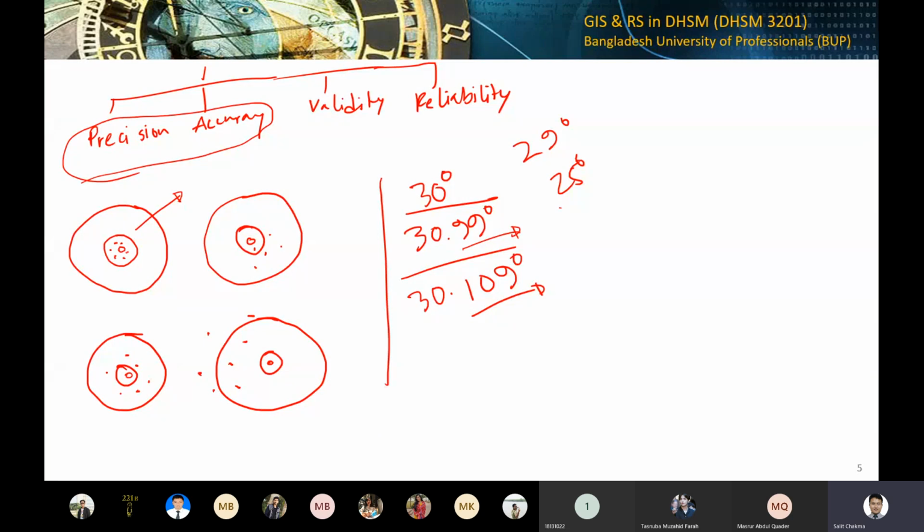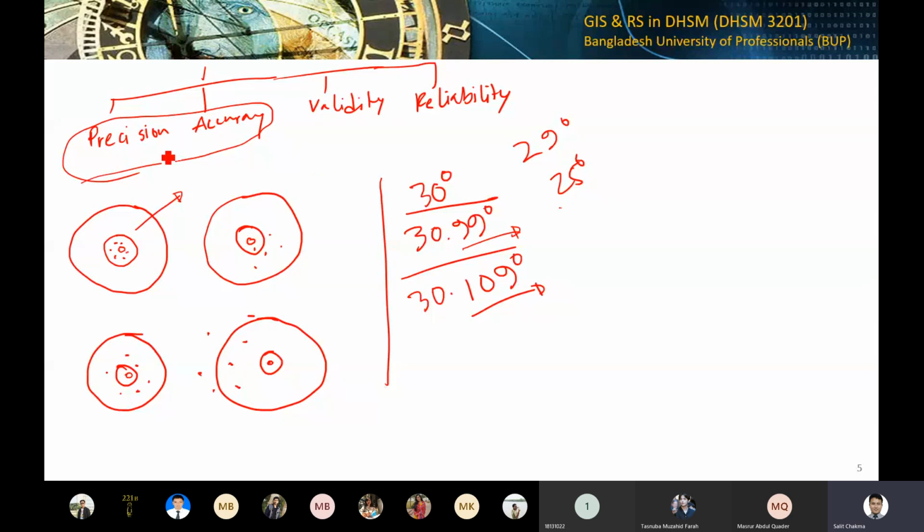Your accuracy is low, and someone else, your friend, is shooting very close to the bullseye, so he has higher accuracy. So that's called higher accuracy, lower accuracy, and so on. So it's a degree of accuracy, concerning the location.